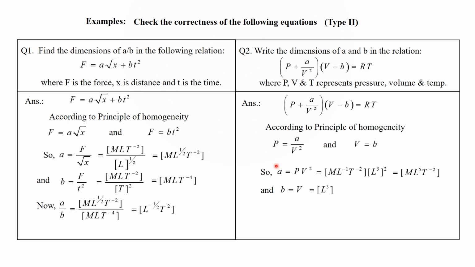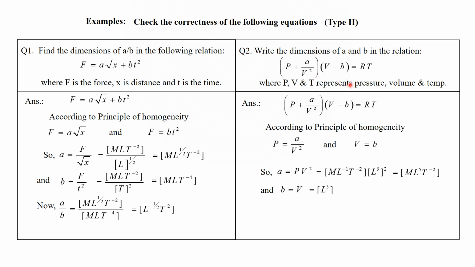Also children, there is another way of doing this question, in which you solve this equation, and then every individual term, for example, P multiplied by V is PV, P multiplied by B is minus of PB, then A upon V square into V is A by V, and then minus of AB upon V square.